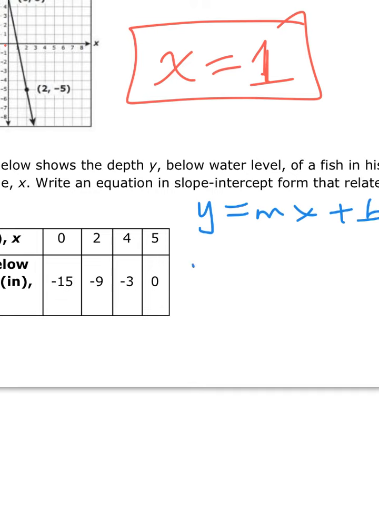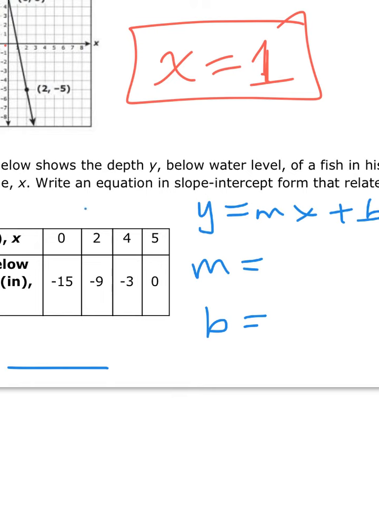So I need to find my slope and my y-intercept. So I need 2 points. Which 2 points do I want to use? 2, -9, and 4, -3?